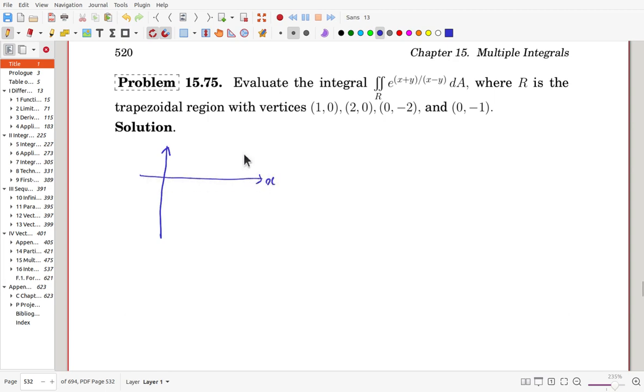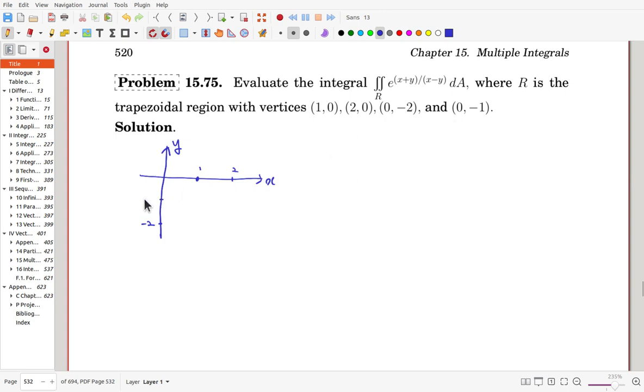We have the points 1, 0, where x is 1 and y equals 0; 2, 0; 0 and minus 2; and 0 and minus 1.